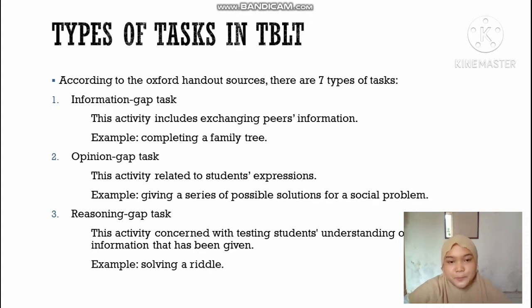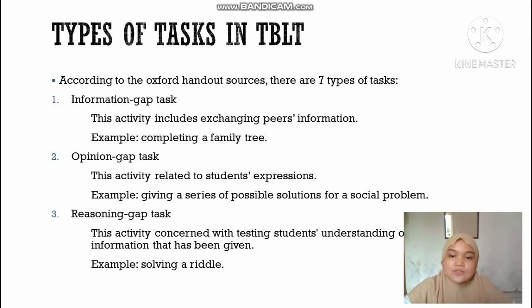For example, a teacher gives a social problem to the students. Then the students have to discuss and give a series of possible solutions for the social problem.